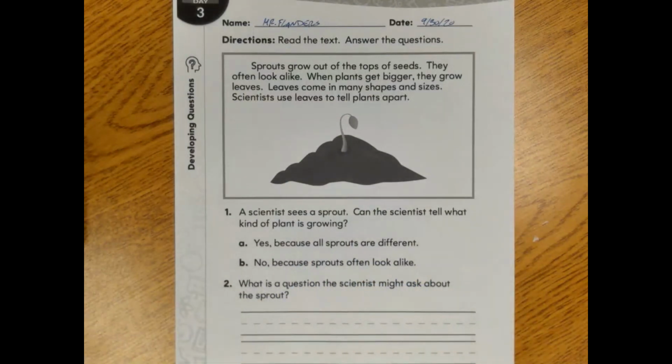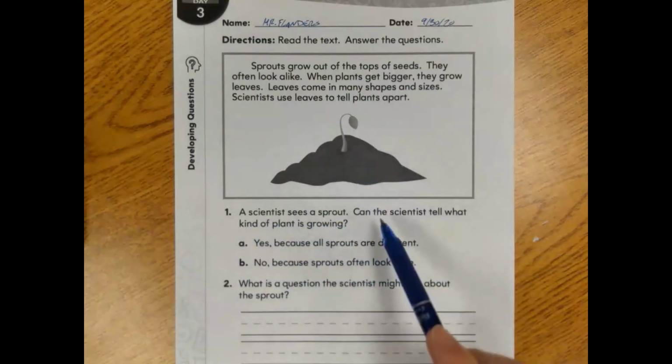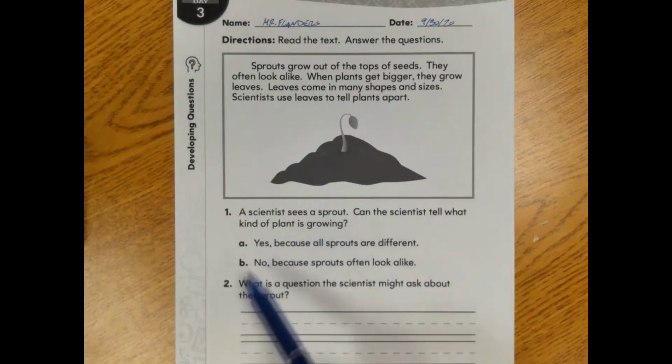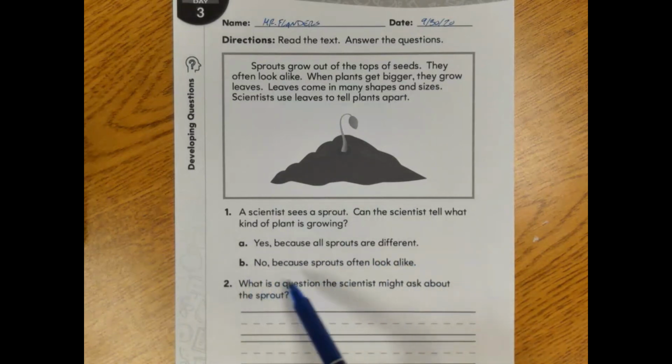I'll read it one more time. A scientist sees a sprout. Can the scientist tell what kind of plant is growing? And you can either say yes, because all sprouts are different, or no, because sprouts often look alike. Think about that for a second, my friends.